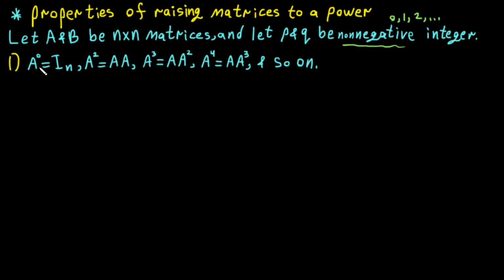So here we have the first property, A^0 is equal to the identity I_n, which is an n by n identity matrix.